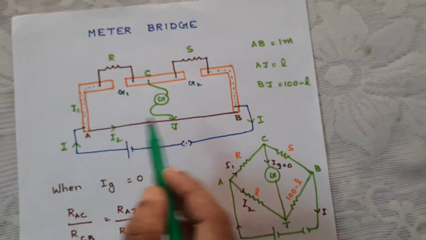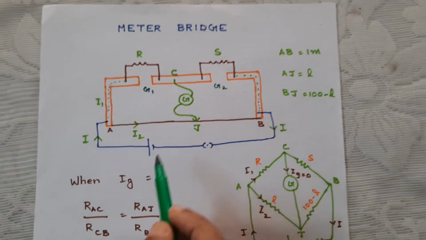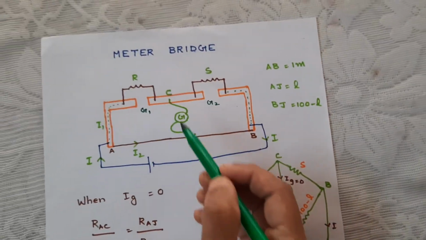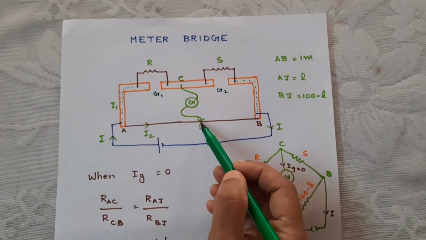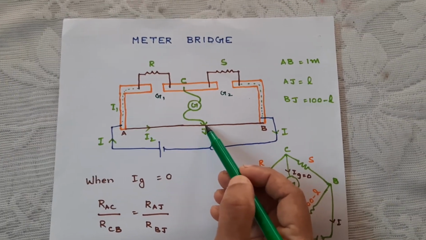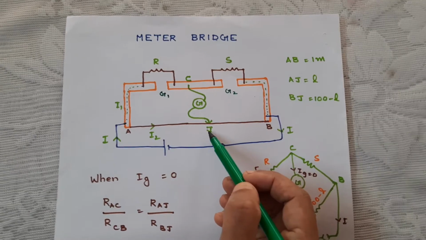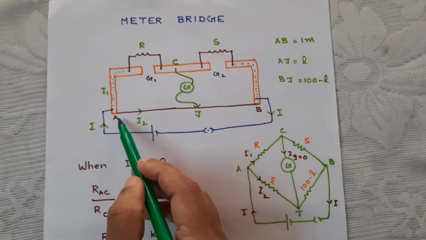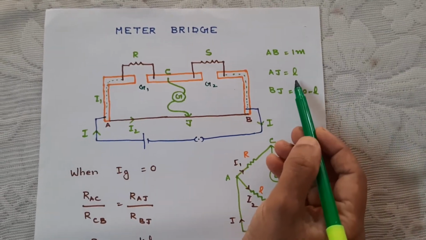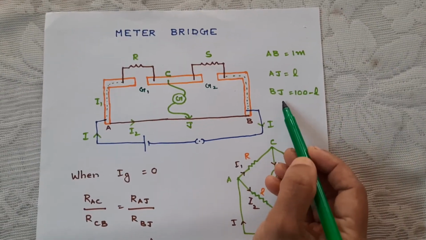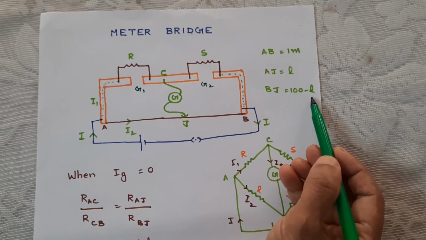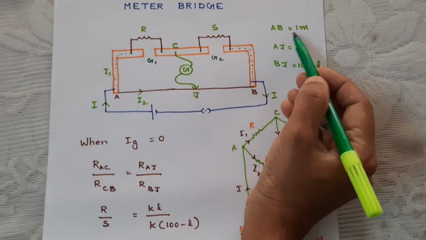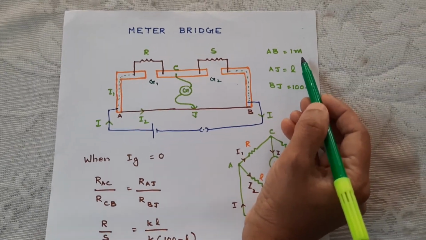A battery is connected between A and B, and the galvanometer is connected between C and J. J is a sliding contact known as jockey. It divides the metal wire into two, AJ with length L and BJ with length 100 minus L in centimeter, because the length of AB is 1 meter or 100 centimeter.